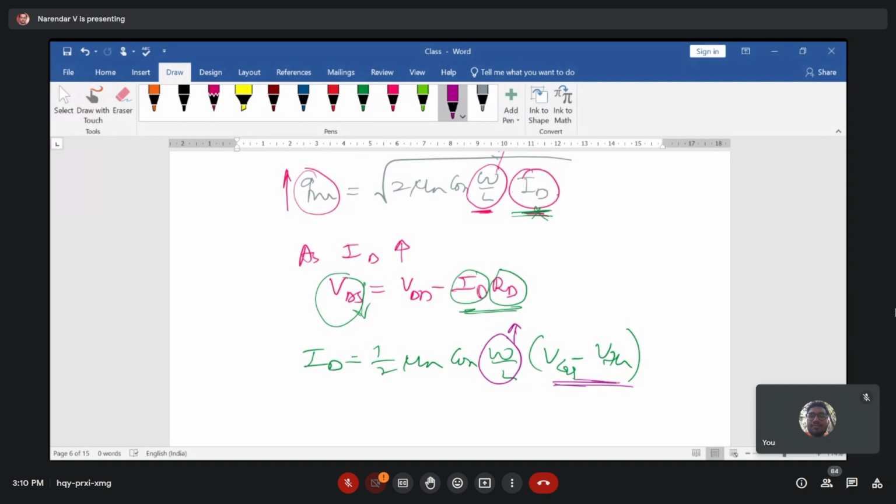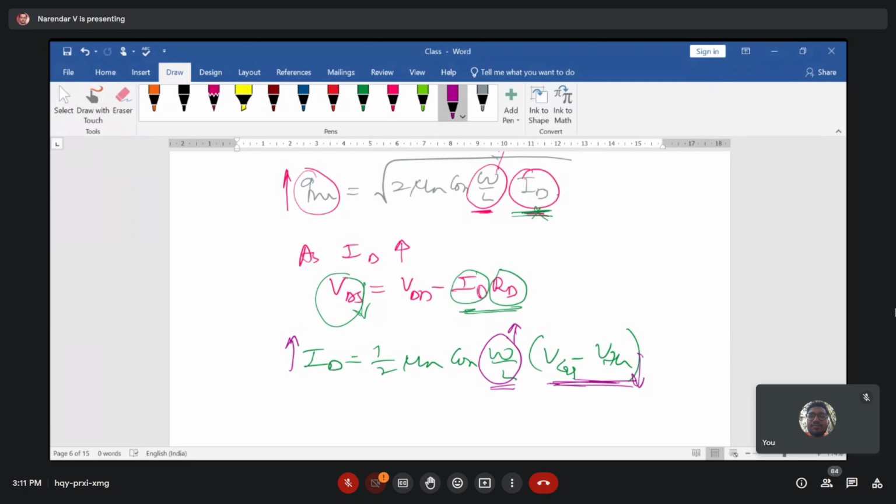If this value is increasing and this stays constant, then ID is going to increase. But our condition is that ID remains constant. How do you compensate? Increase the W by L and decrease this VGS minus VTH value so that you can maintain it.